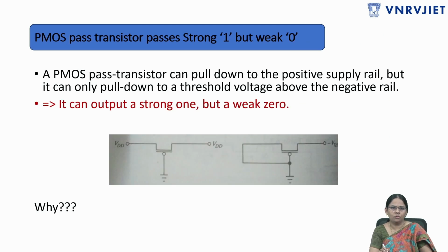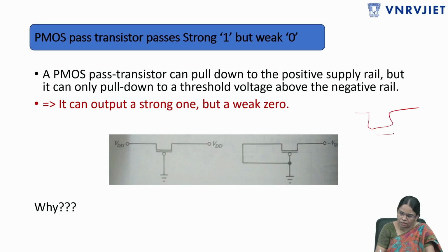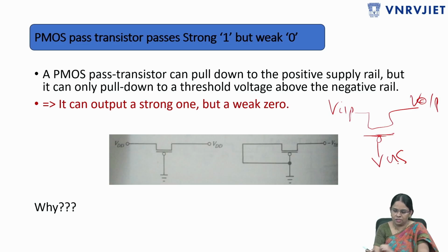Let us see one more statement which explains why the PMOS transistor passes strong 1 but weak 0. We take it similarly to the previous case of the NMOS transistor. For the PMOS transistor, here this is V input, this is V output and this is VGS.